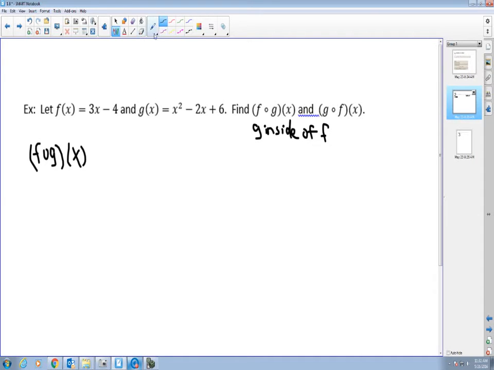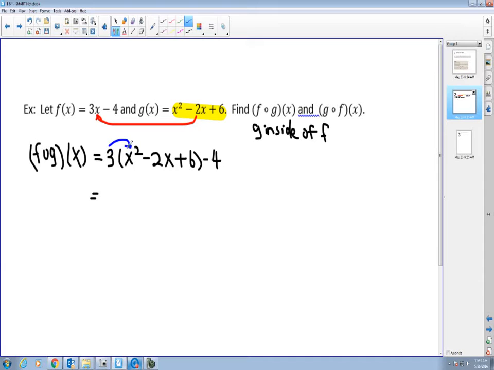Alright, so I'm going to take the entire function g, substitute into function f wherever I see a variable x. So I'm going to take these three terms, substitute into function f. So that will give me 3 times x squared minus 2x plus 6. And don't forget, I still got the minus 4. Alright, do a quick distribution.